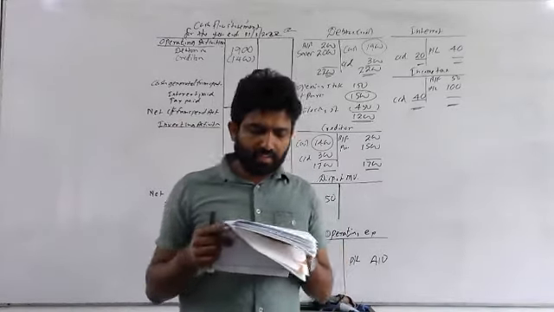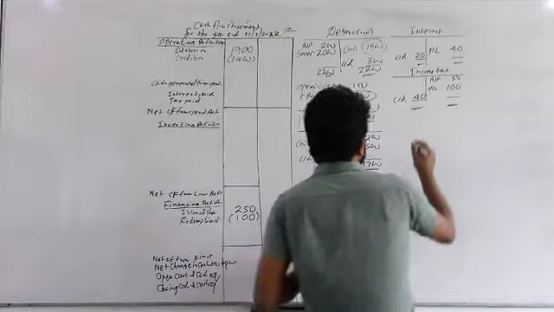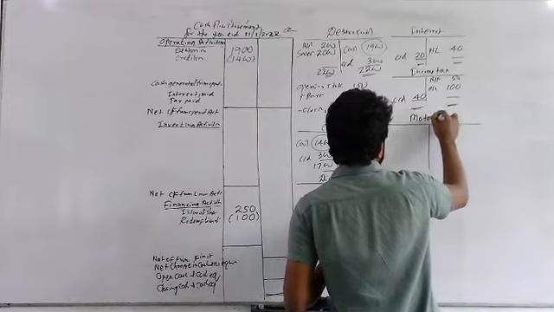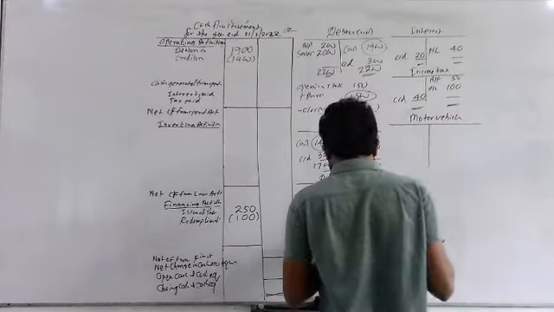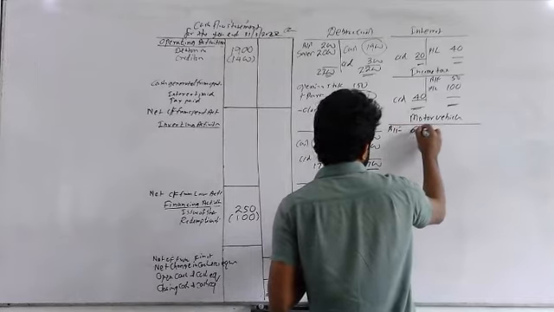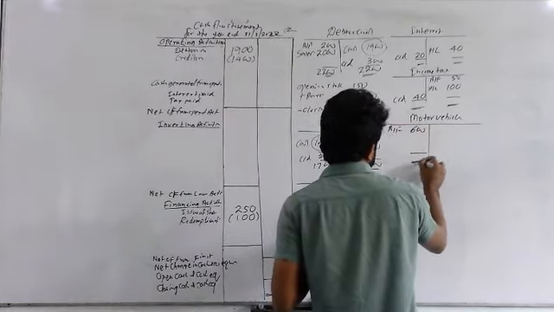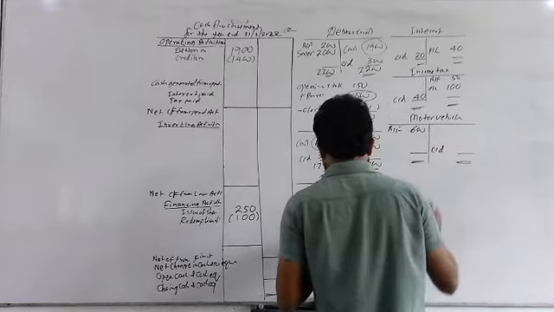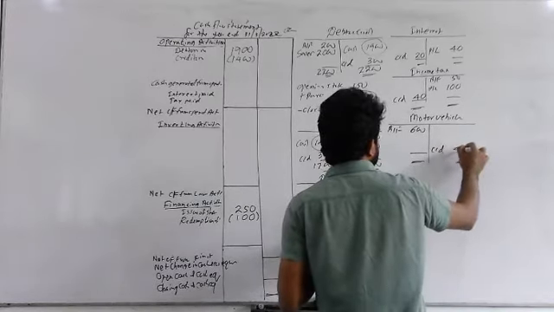Motor vehicles, net value. You want a motor vehicle account. In the motor vehicle, the opening balance is 600, closing balance 400.